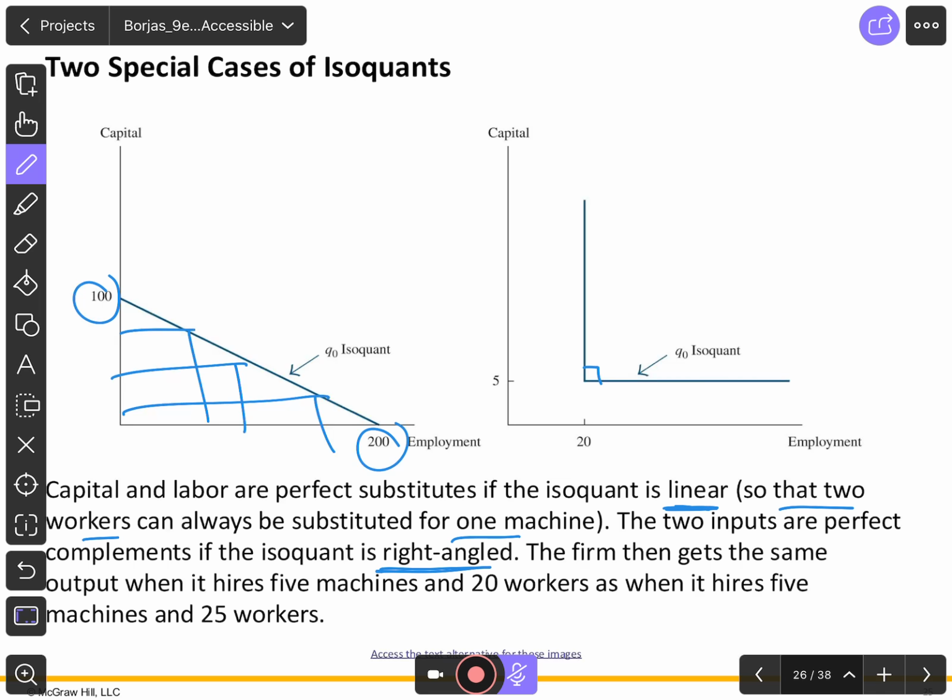Basically, if the firm decided to produce the same output, an isoquant has to have the same level of production. Let's say 500 units. If they hire 20, 25, 30, 35, any number of workers, they're going to have exactly the same level of output. Of course, this is not realistic, but those are 2 special cases.